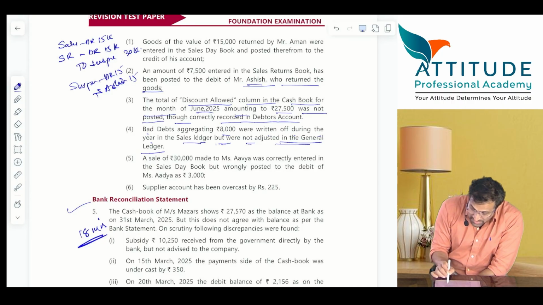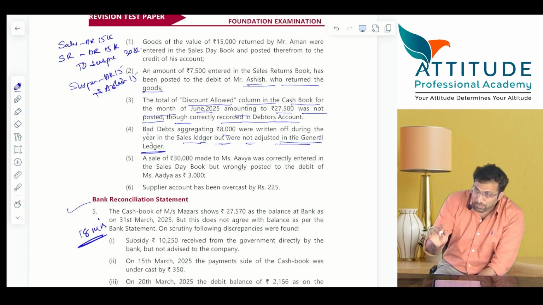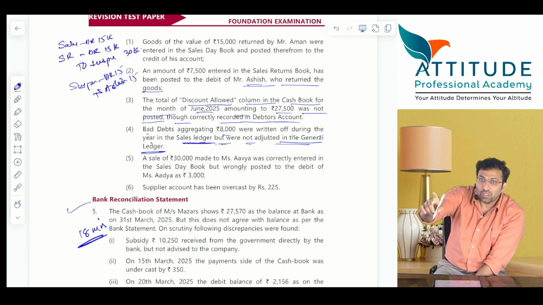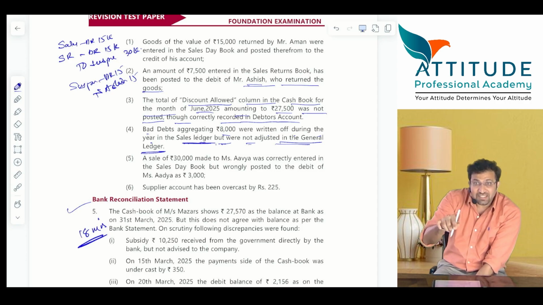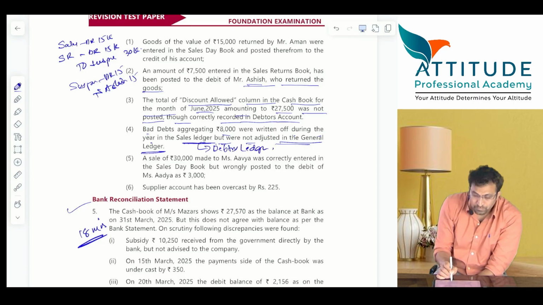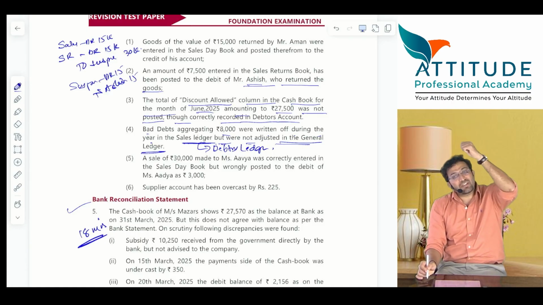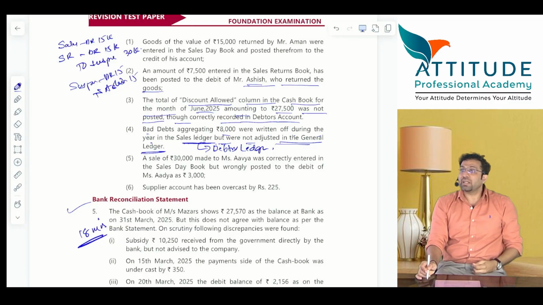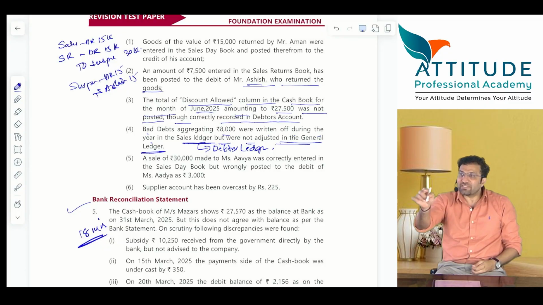Now important. When it is going to sales ledger, it is also known as debtors ledger. It means it is affecting already debtors. Debtors में hit हो चुका है. Understood? This is one tricky thing which I'll explain to you.